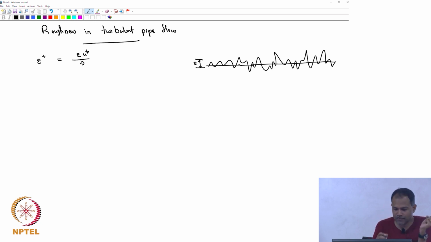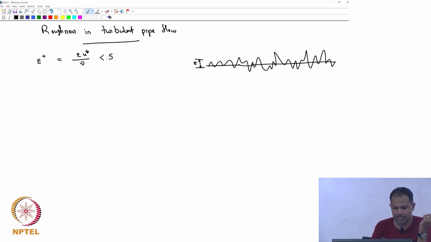So we can say that if epsilon plus is, let's say, less than 5, what does that mean? That means that the height of the roughness is going to be smaller than the height of the wall layer, or in other words the height of the wall layer is going to be bigger than the roughness. So the wall layer will not see the roughness, and therefore if epsilon plus is smaller than 5, you can say that my pipe is actually smooth and I don't have to really worry about the roughness.